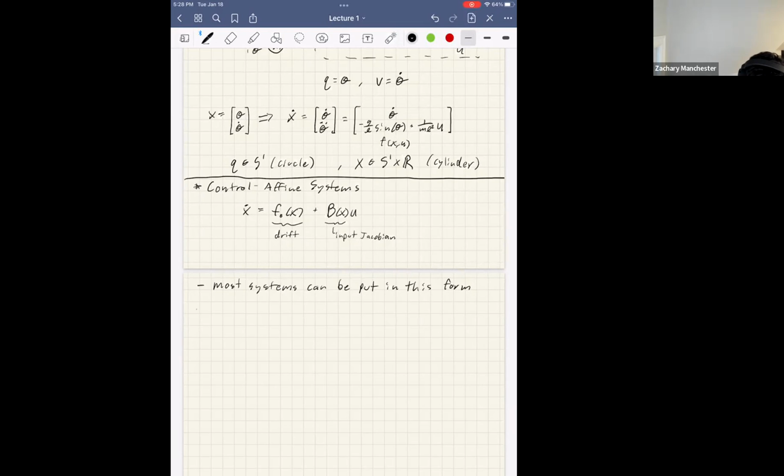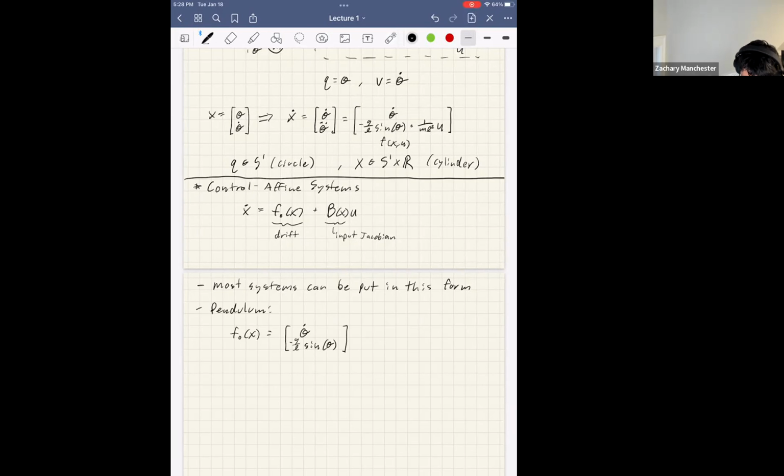So if we do this to our pendulum, here's what that looks like. So I'll put my pendulum in this form. F naught then is going to be theta dot up here, no problem. And then the G over L sine theta term.